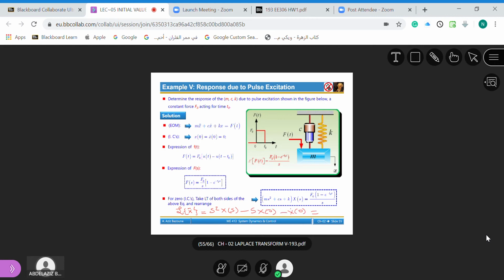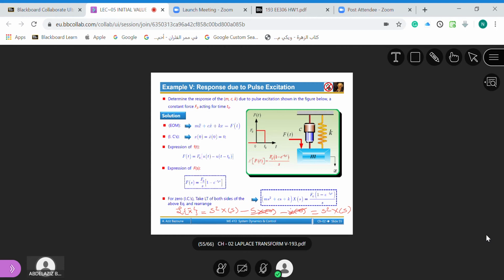Since these are 0, this turns out to be simply m s squared X of s. That's why we are multiplying. Similarly for the first derivative.